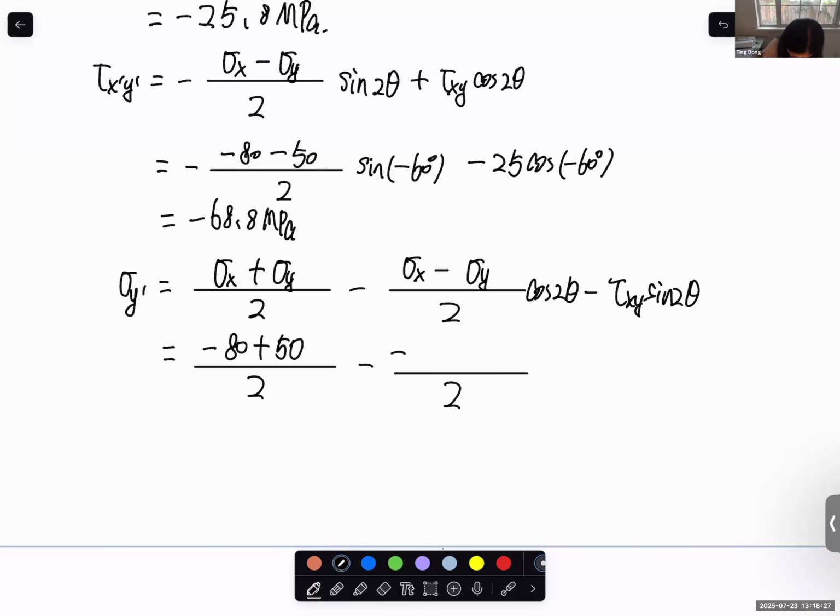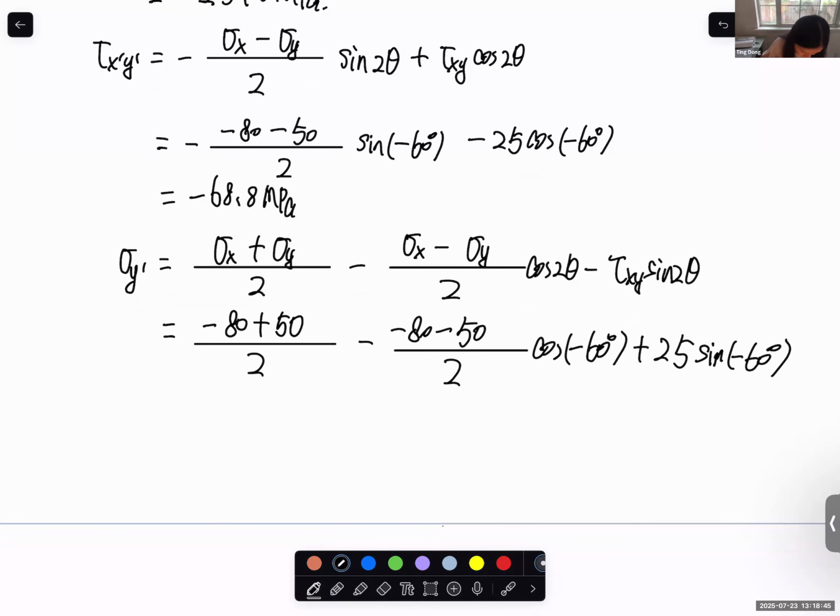Negative 80 minus 50 cosine negative 60 plus 25 sine. So this is negative 4.2 megapascal.